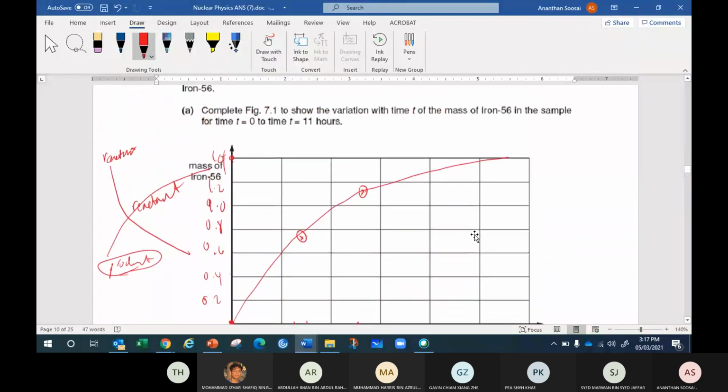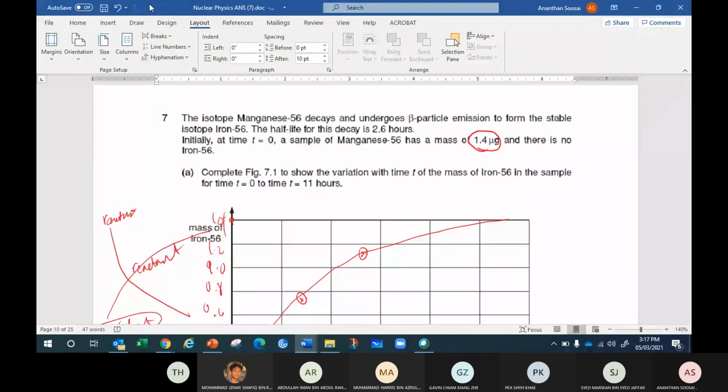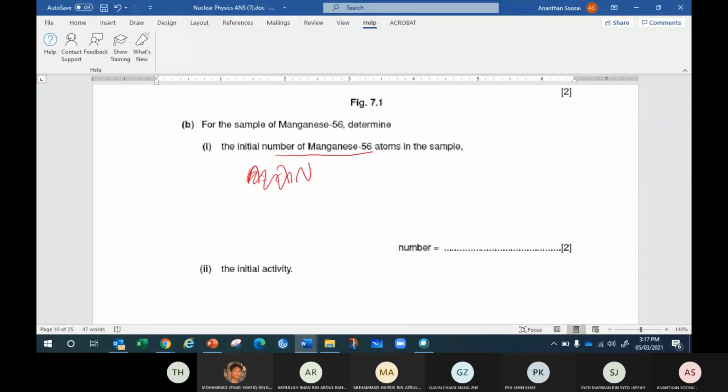What is given? The mass is given. The initial mass is given as 1.4 microgram. Then we no need to go for A equals lambda N. It's completely chemistry. 56 gram is the Avogadro constant number of particles.